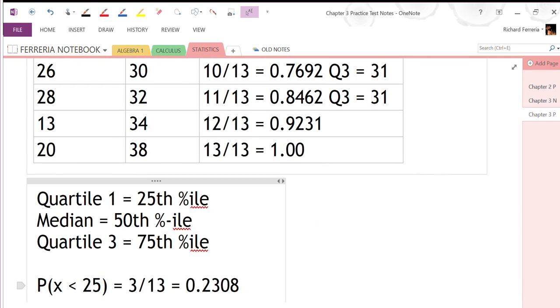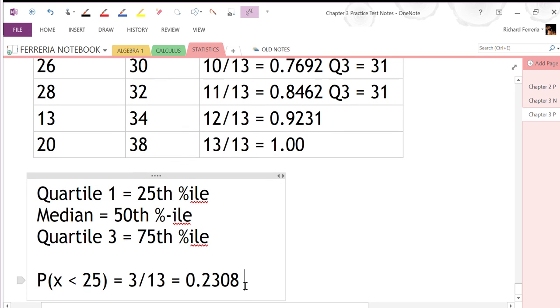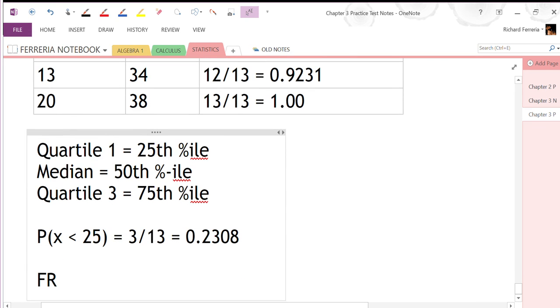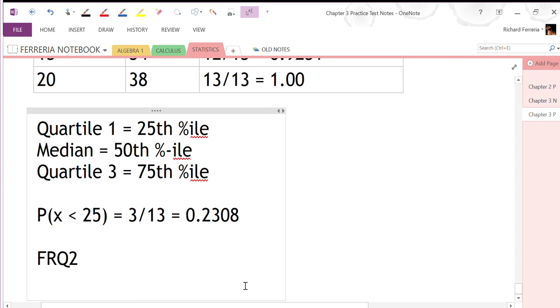So this is free response 2. So we should make a stem plot of the observations. I'll go ahead and just duplicate that stem plot, and that's fine, I don't mind. Let's take a look at that.